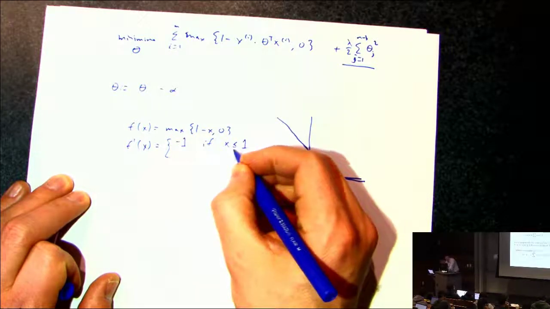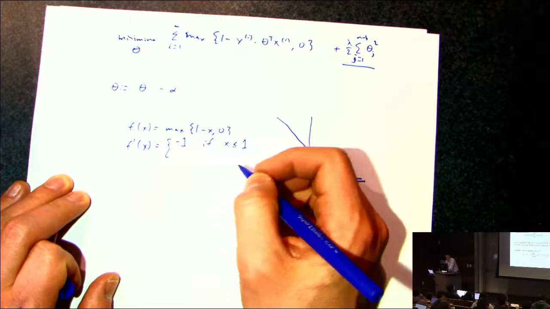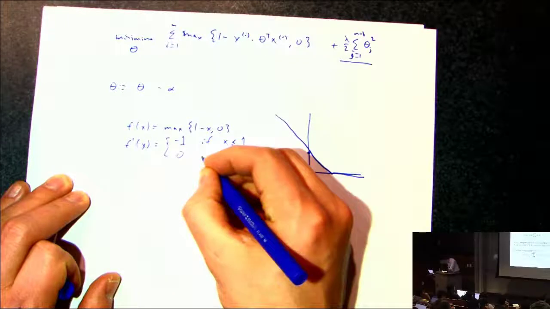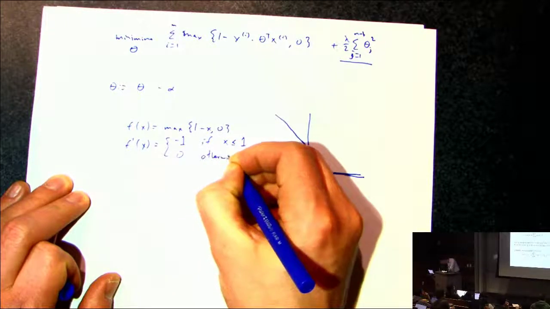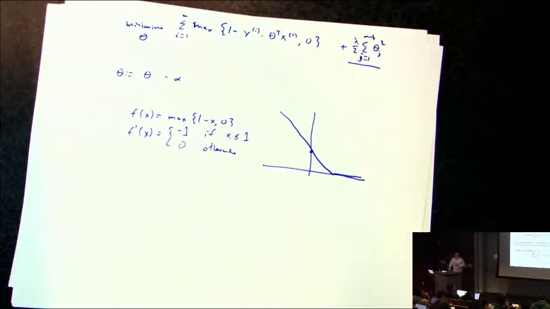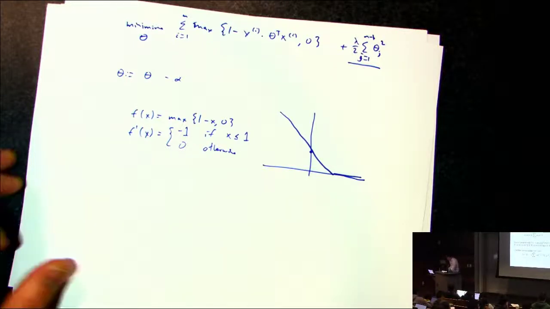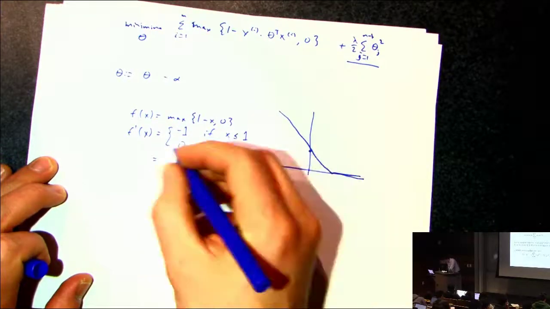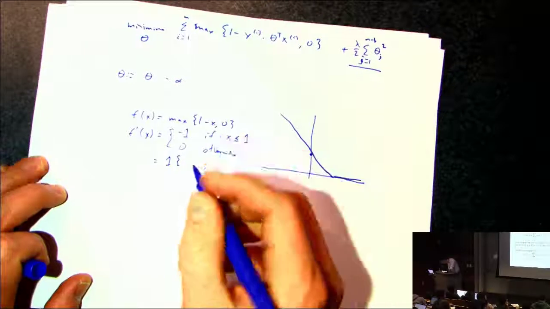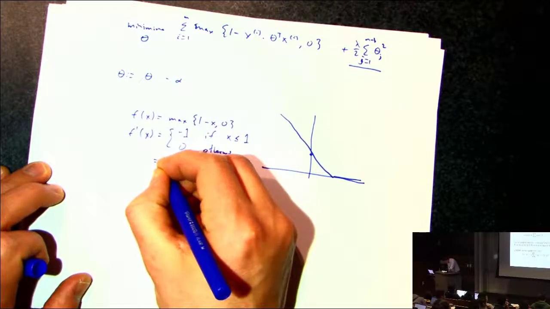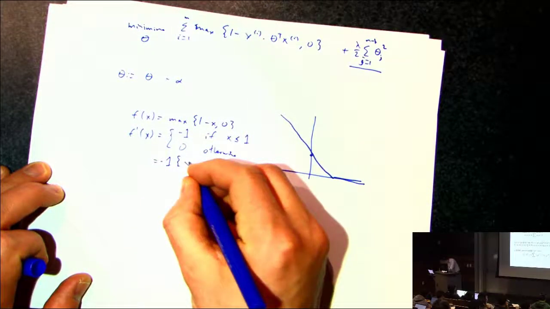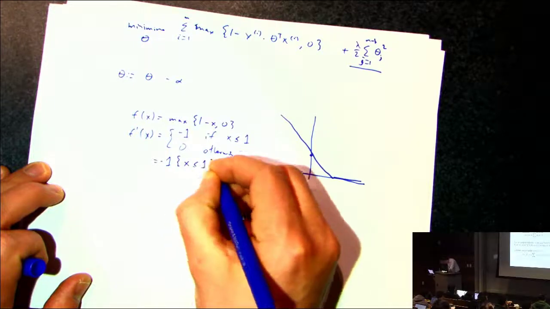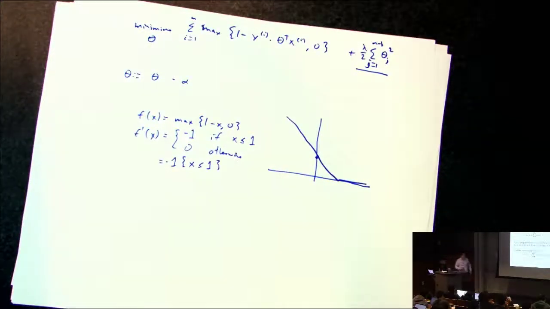The equal case is the hard one; we don't really know what it is if it's equal, but it's 0 otherwise. We won't worry about what happens when it's exactly equal to 1. It's an edge case that won't occur that much. We can also write this as the negative indicator of x being less than or equal to 1.